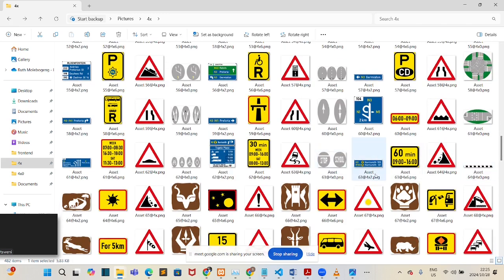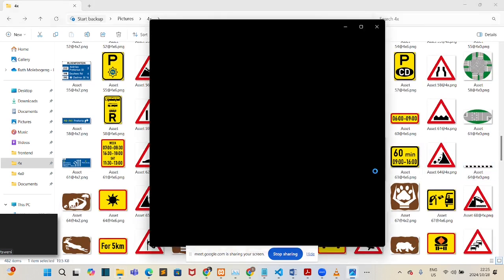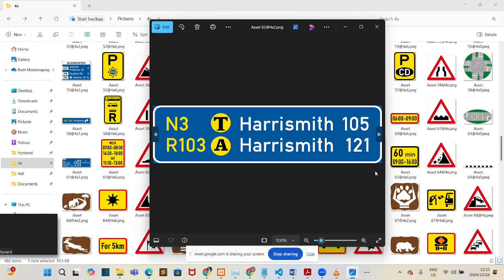All right, I think it's this one. Yeah, it's that one. Where would you find this type of road sign? A, on the left hand side of a freeway, about 2 kilometers after entering the freeway, and every 20 kilometers thereafter.